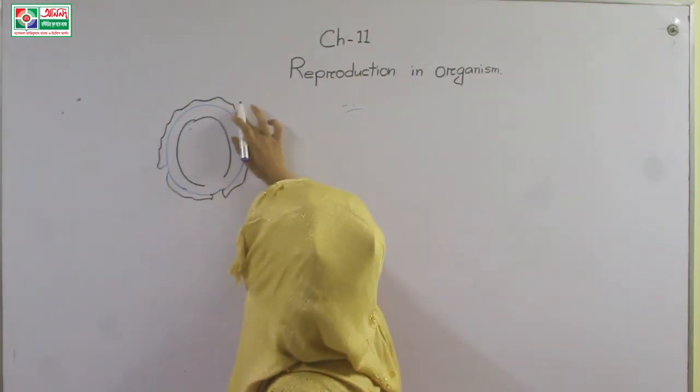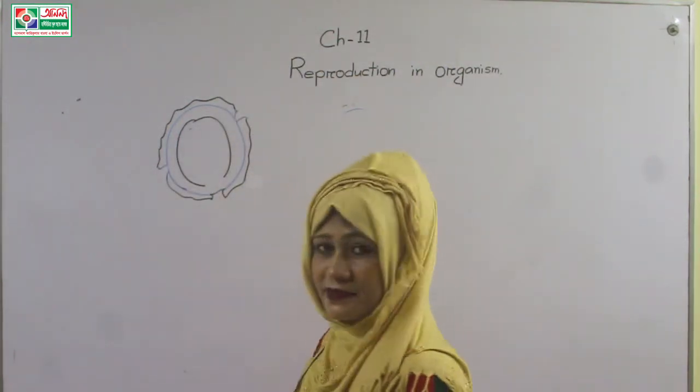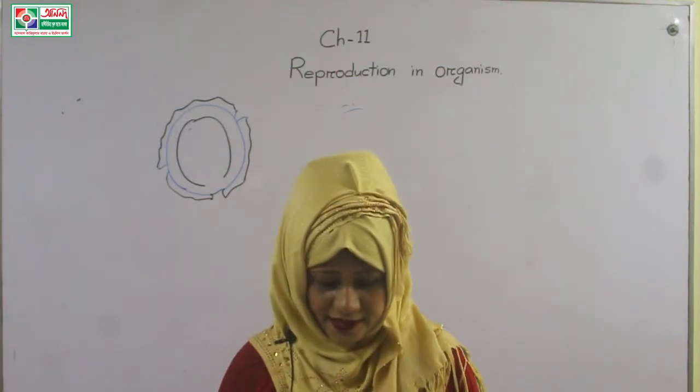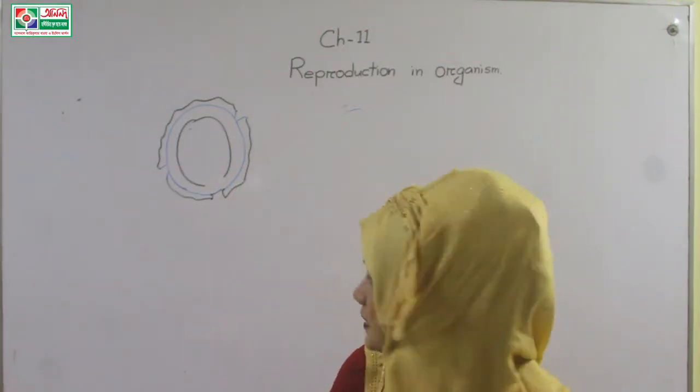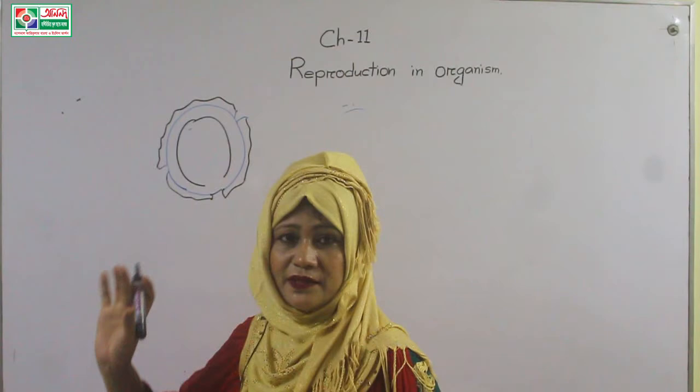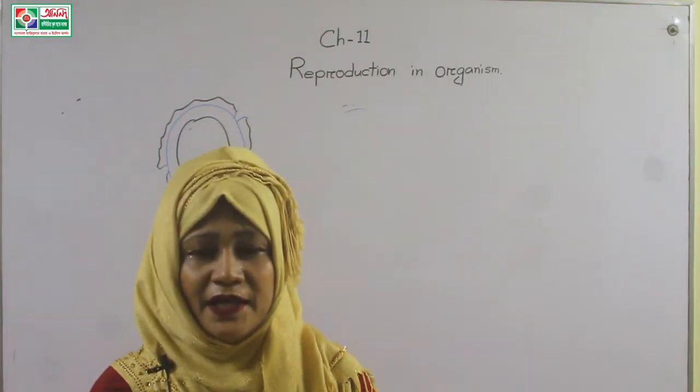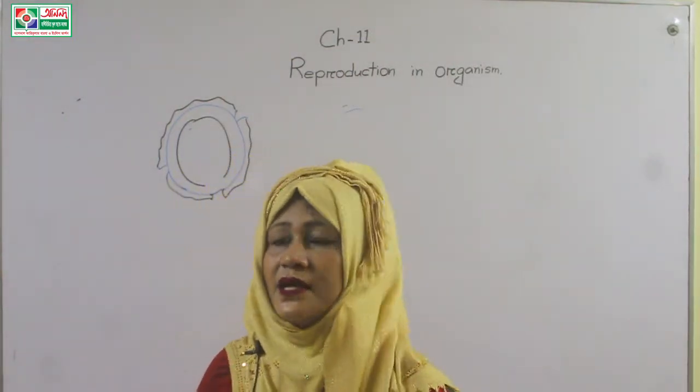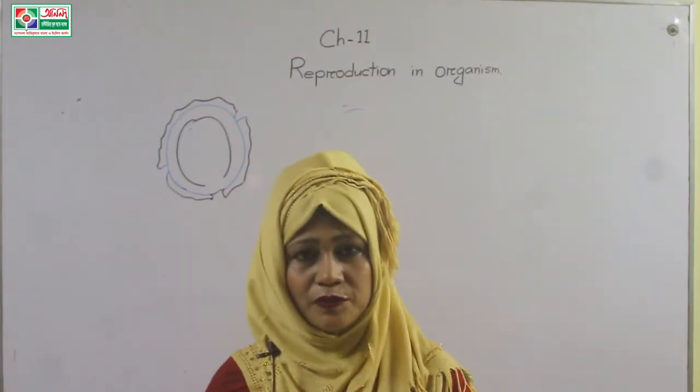What happens? The cytoplasm with the vegetative cell and generative cell comes through the jumper.